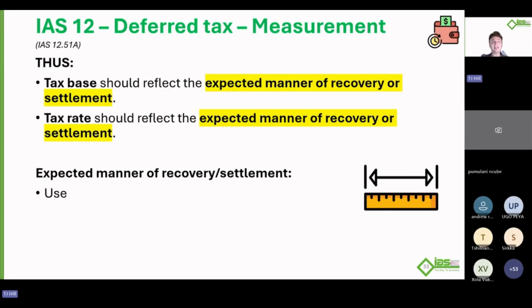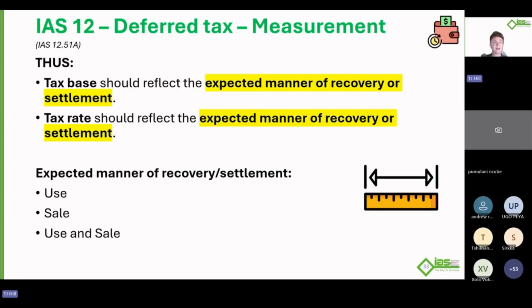Your options essentially are: am I going to use the asset, to give a very simple example, to manufacture inventory, and I'm going to sell the inventory and get that money? Or am I going to sell the asset? Is it something I'm holding that I want to sell?